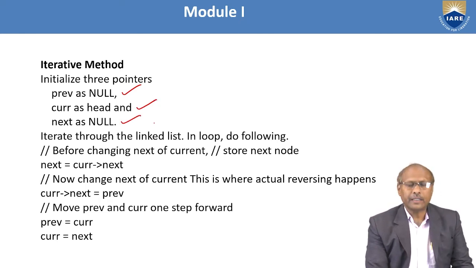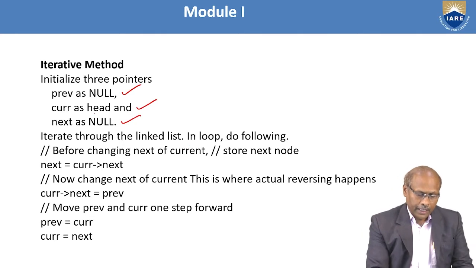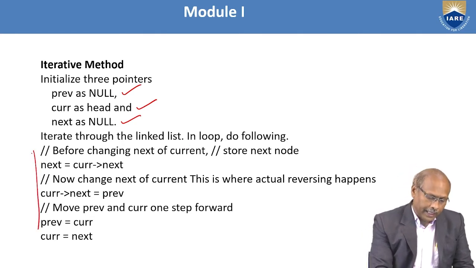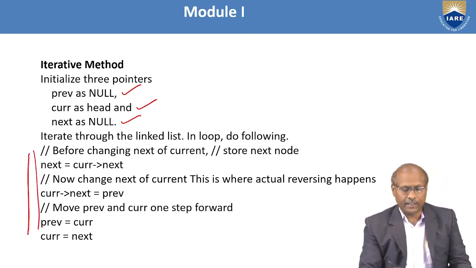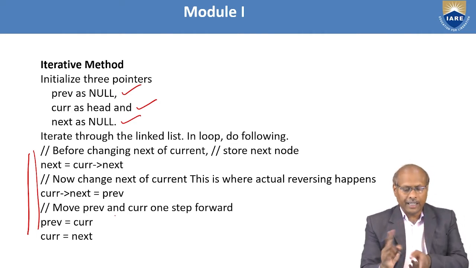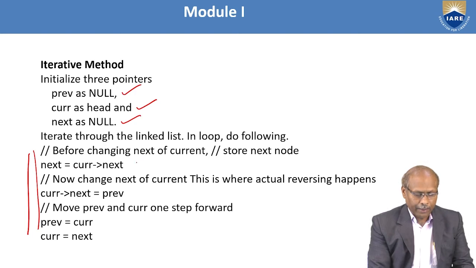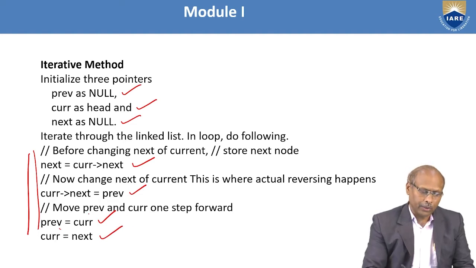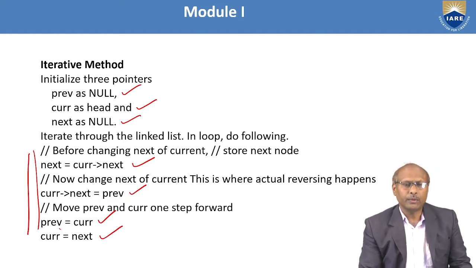And the next pointer, initially null. Now you have to repeat inside the loop, for every node: next equals current of next, current of next is previous, previous is current, and when the loop is over, current equals next. This is the process you have to do in the iterative approach.